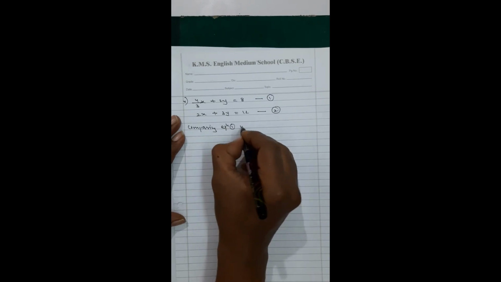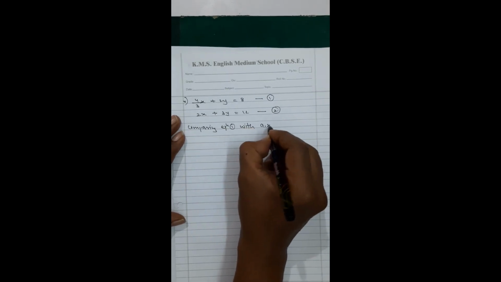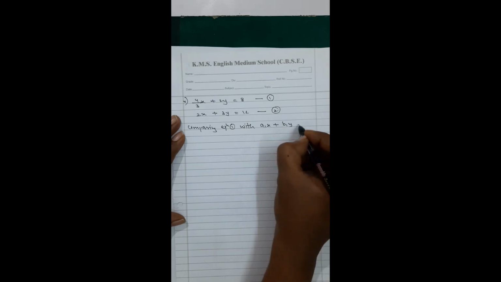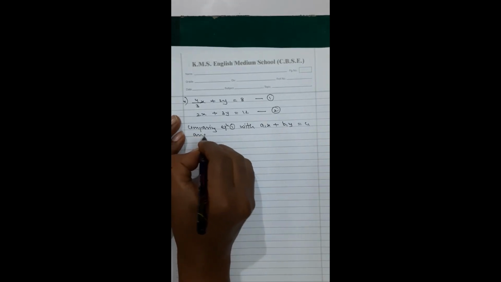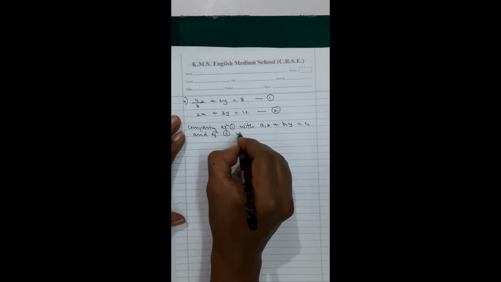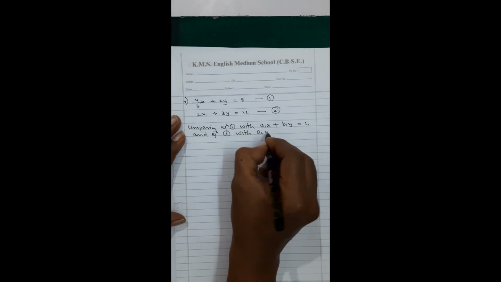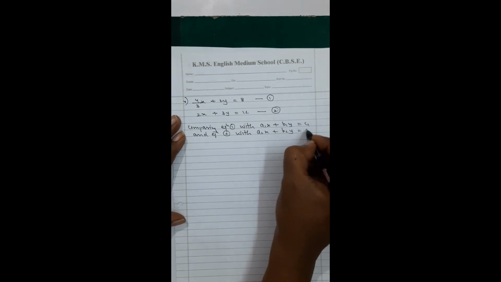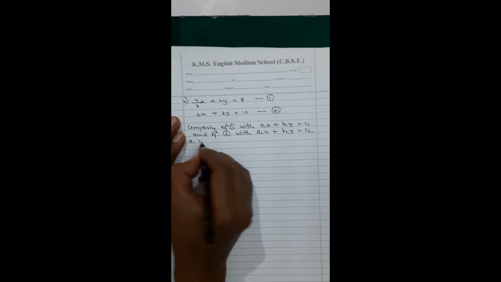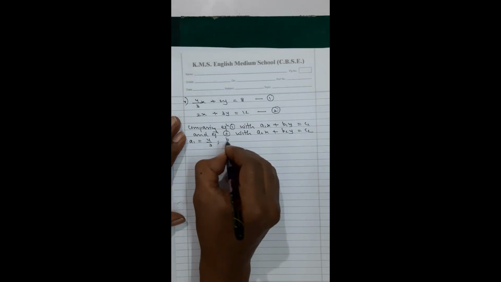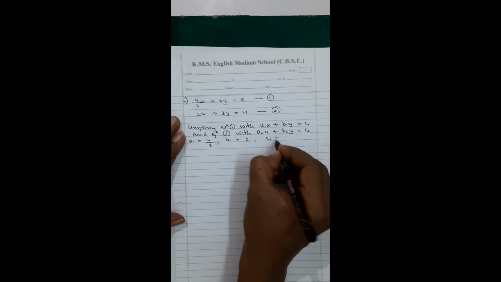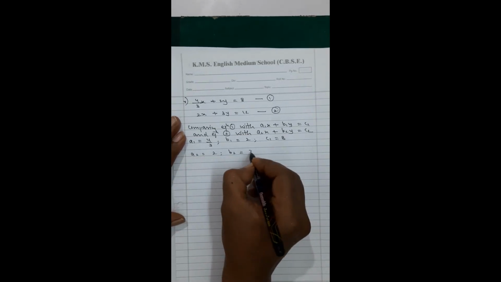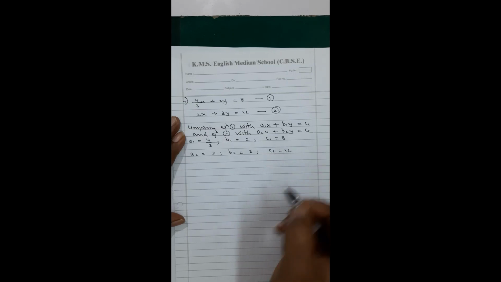Same thing you will tell, comparing equation 1: a1 is equal to 4 upon 3, b1 is equal to 2, c1 is equal to 8, a2 is equal to 2, b2 is equal to 3, c2 is equal to 12.